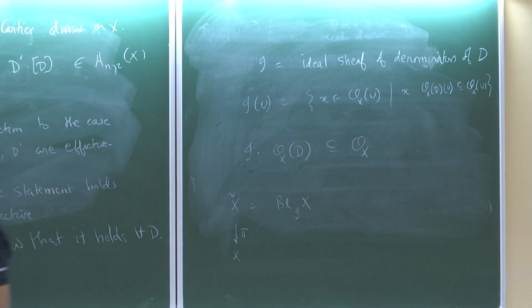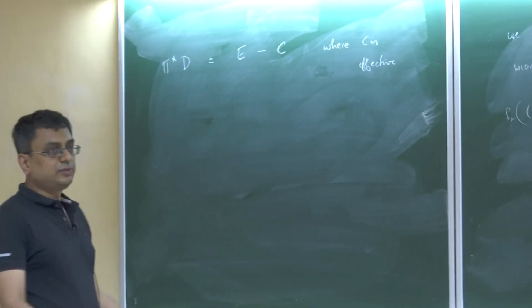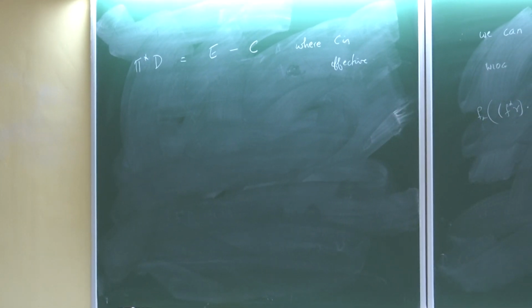So therefore we get this E minus C. So on X tilde, my D becomes a difference of two effective divisors. It's not very important what exactly those divisors are. It's a difference of two effective divisors.